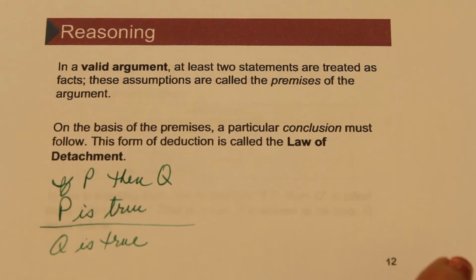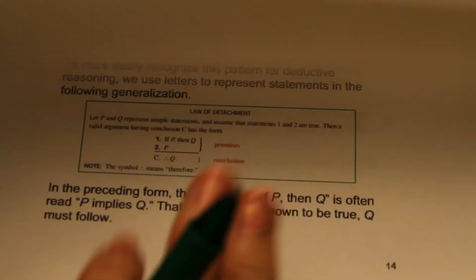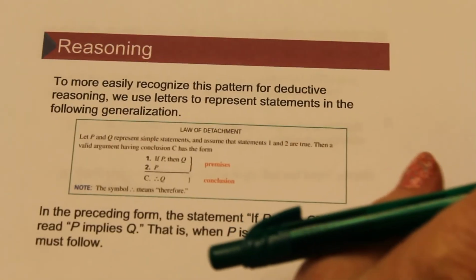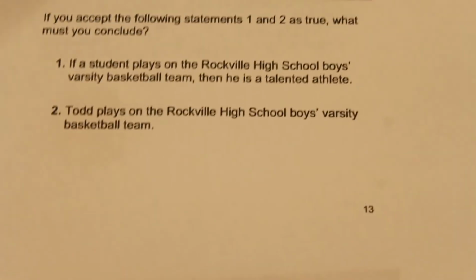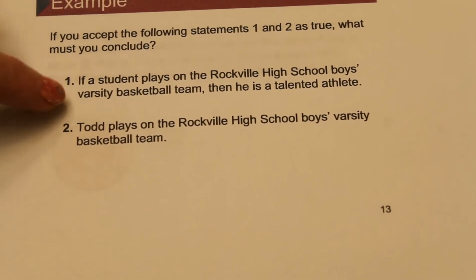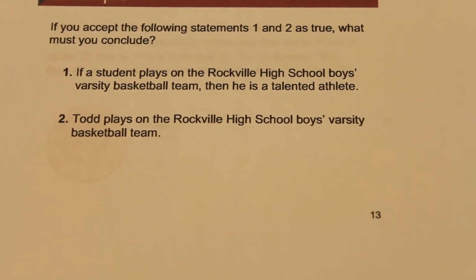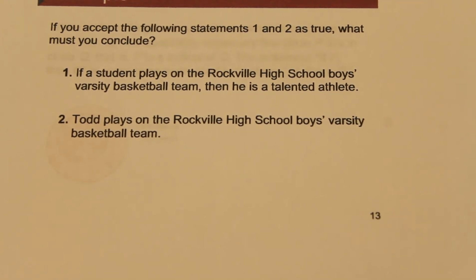So let's look at a specific example of the law of detachment. Here we have two statements. Statement 1 is if a student plays on the Rockville High School boys varsity basketball team, then he's a talented athlete. That's a true statement. And then statement 2, Todd plays on the Rockville High School boys varsity basketball team.